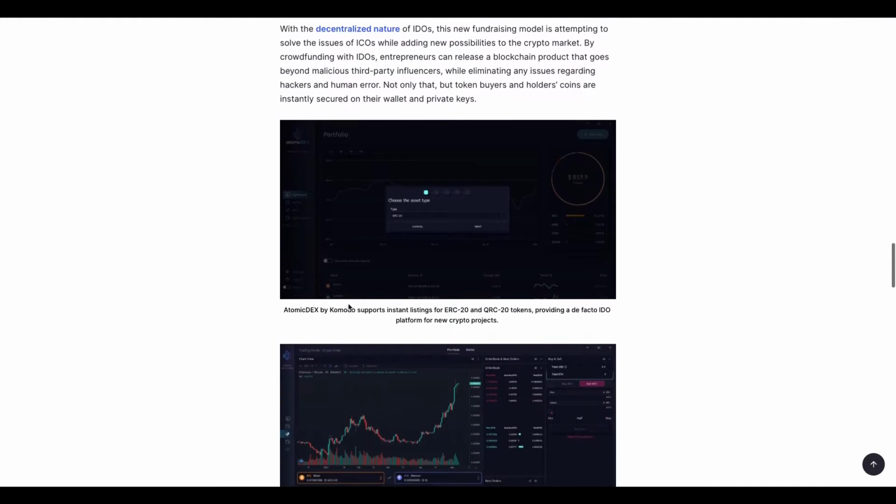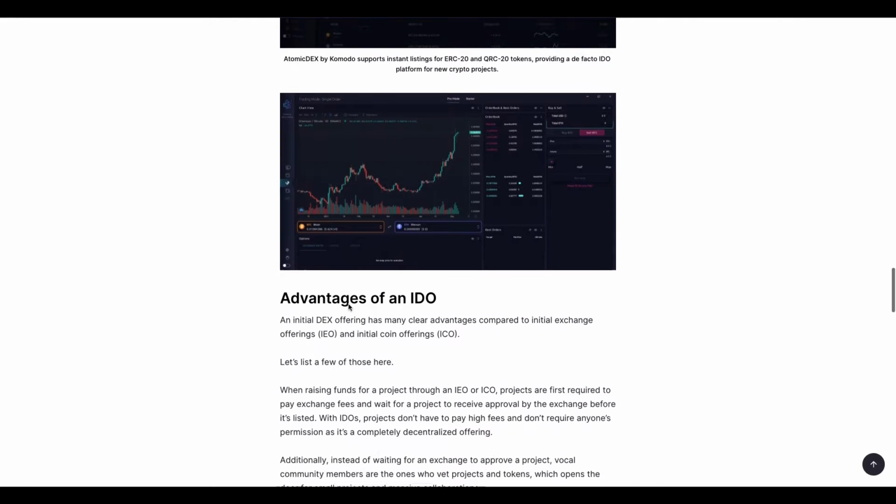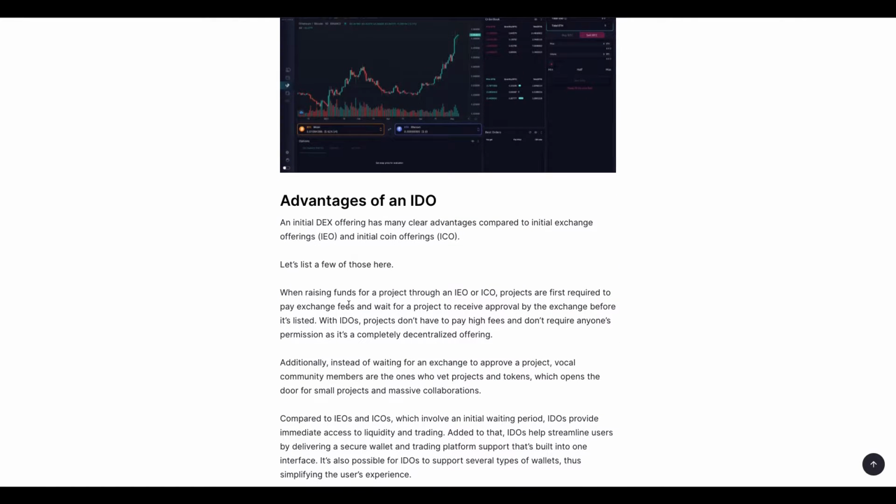And I did talk about PolkaStarter, and that uses IDOs, initial DEX offerings, a way for basically coins to be built off the Polkadot blockchain, I believe.